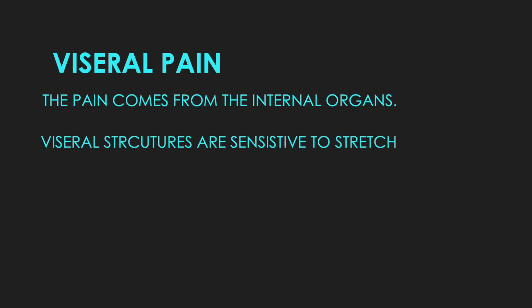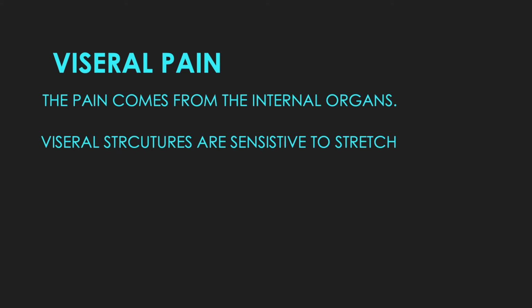Visceral pain is a little bit different. It comes from your internal organs. Our internal organs, especially the vascular organs, are very sensitive to being stretched or having any kind of inflammation.